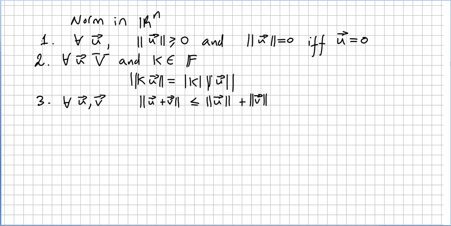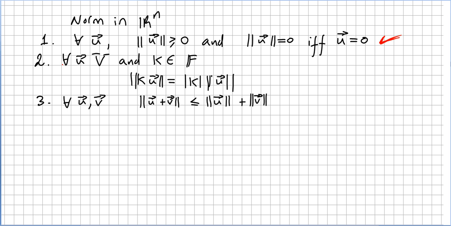Okay, so one, for any vector in the vector space V, the norm will be 0 or positive. If the norm is 0, it happens if and only if the vector is 0. So this is one of the first properties of the norm.